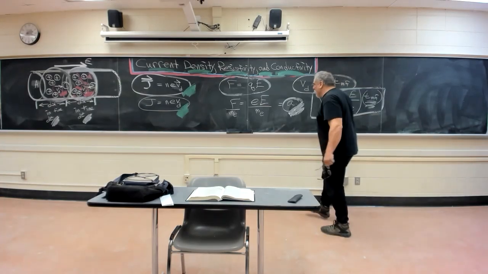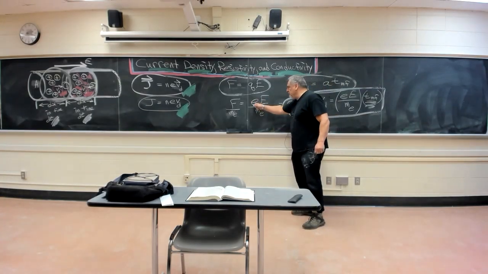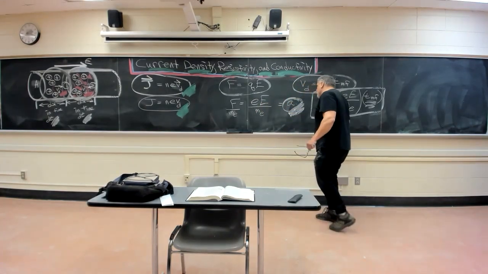The thing that's going to control the acceleration, all other things equal, is this: if this is the charge, whatever it is, E, and this is the mass, and that remains the same, then if E is bigger, there's more acceleration.